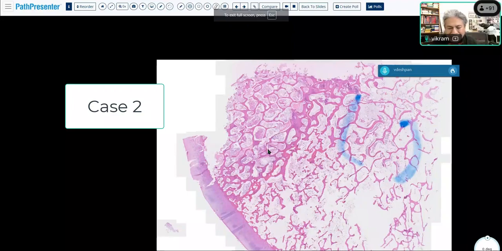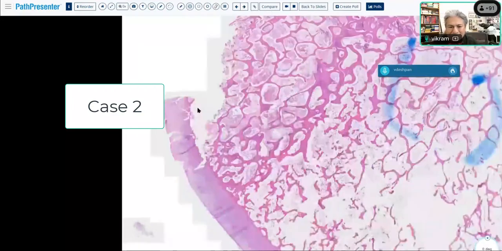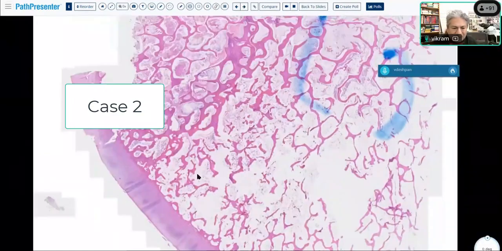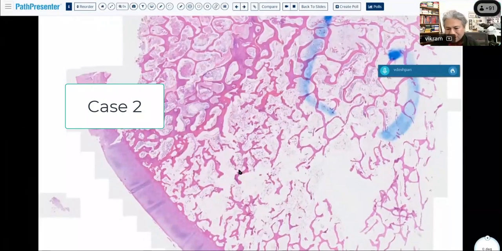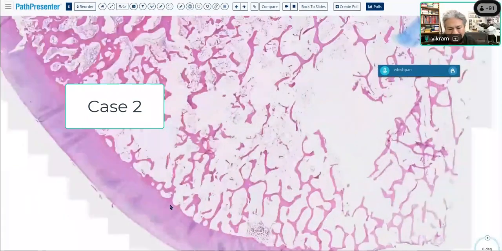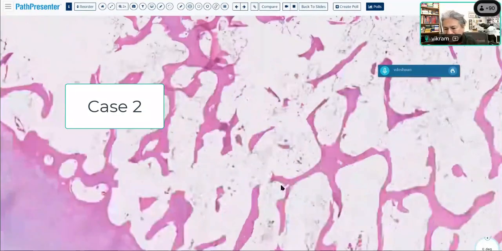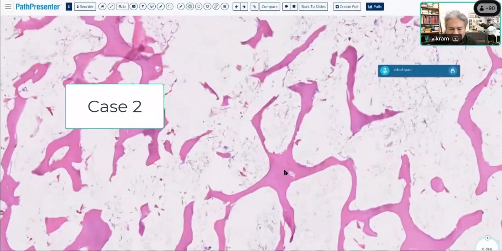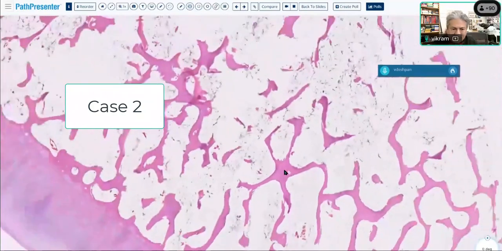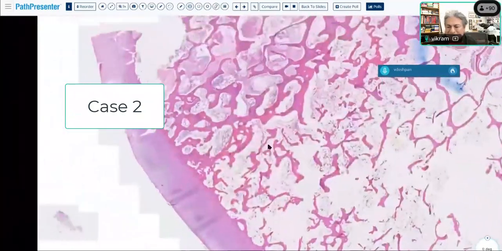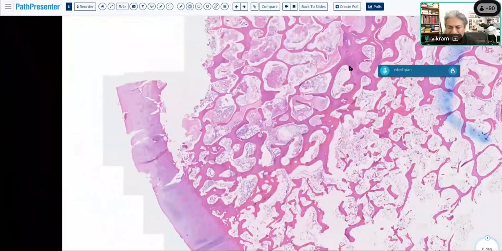Case 3, right? And I just wanted to talk about this very quickly. This is a hip. This is articular hyaline cartilage. We've talked a lot about this. This is subchondral bone. This is cancellous bone or medullary bone. And I wanted to show you this area. If you look here, this is avascular necrosis.